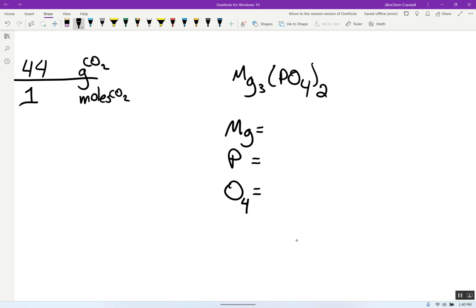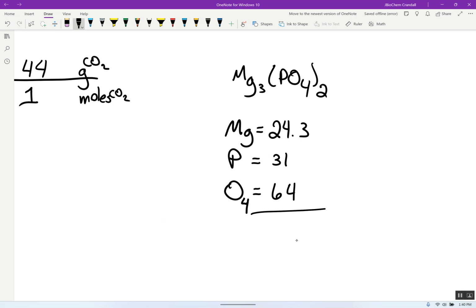So for magnesium, we have a mass of 24.3. For phosphorus, a mass of approximately 31. And then oxygen is going to be 16 times 4, which is 64 for that.